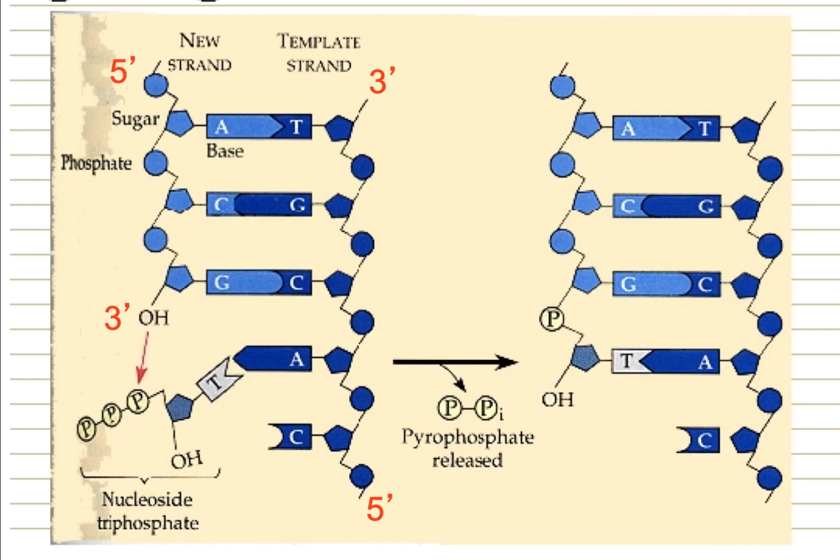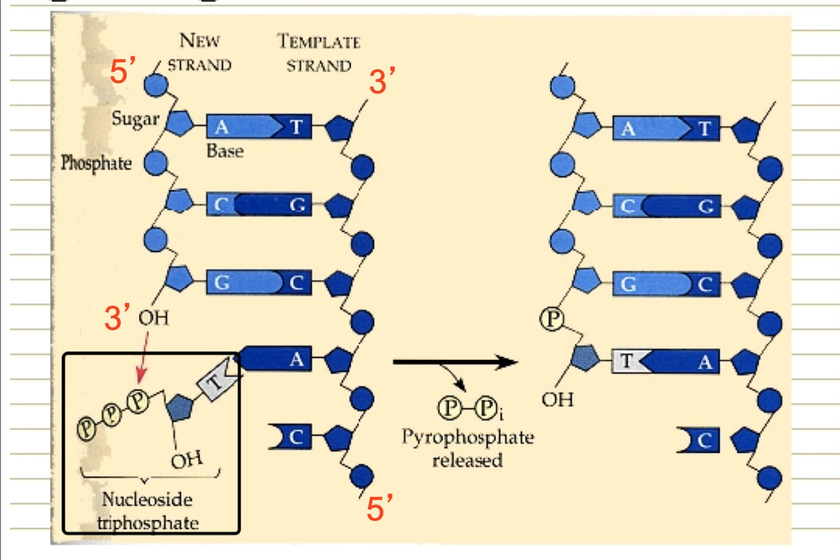Polymerization of DNA always occurs in the 5' to 3' direction. That is, the new bases are added to the 3' end using the opposite strand as a template. And in each case, the nucleotides have to be nucleoside triphosphates.